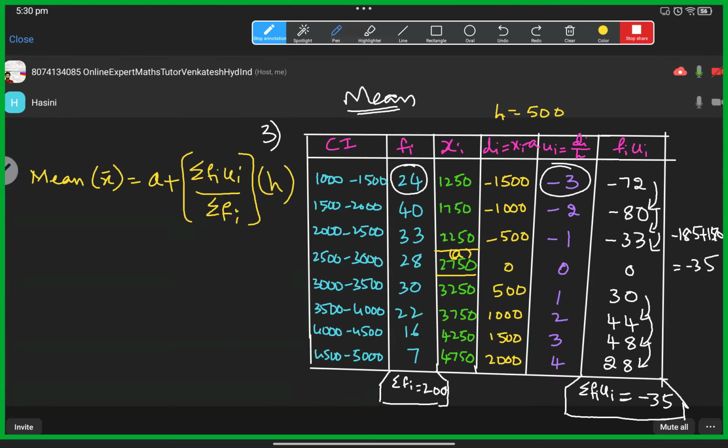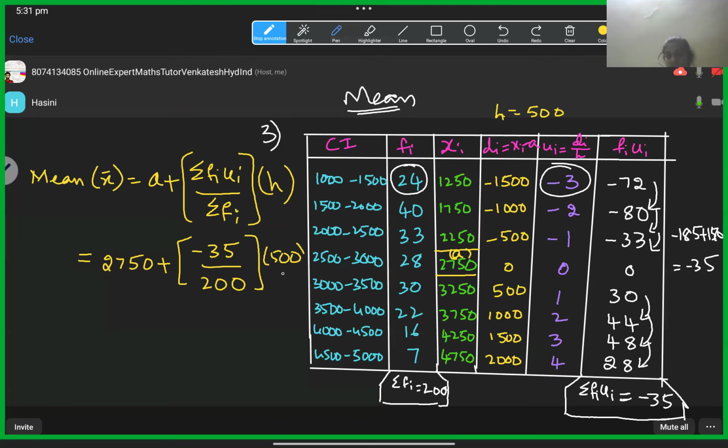Now substituting the values: A is 2750, plus sigma fi ui is minus 35 by sigma fi 200, into h, which is 500. We'll cut the zeros.